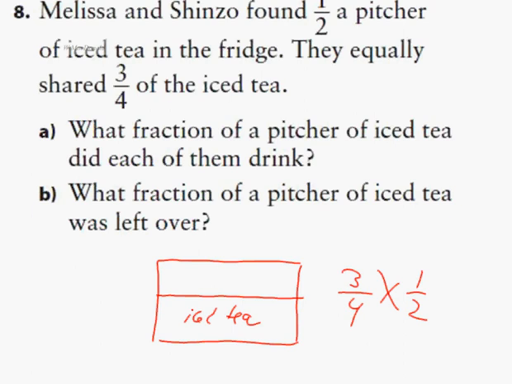They shared 3/4 of the iced tea between two people. Okay? So you take 3/4 of the half pitcher, and they took that and divided it between the two of them, right?